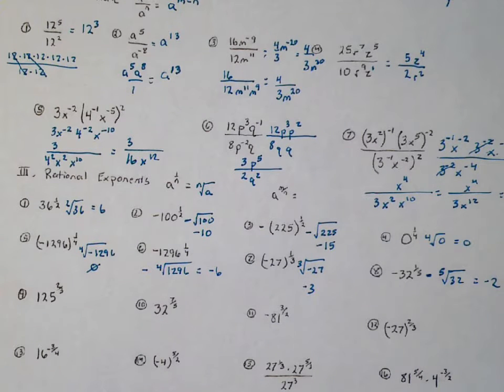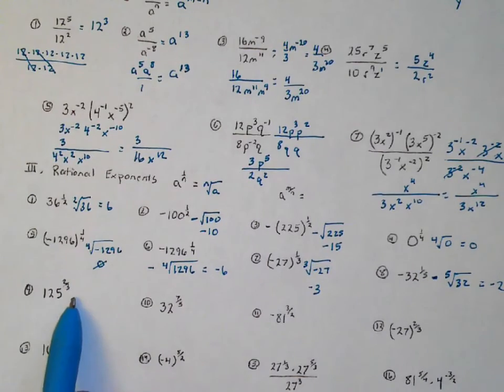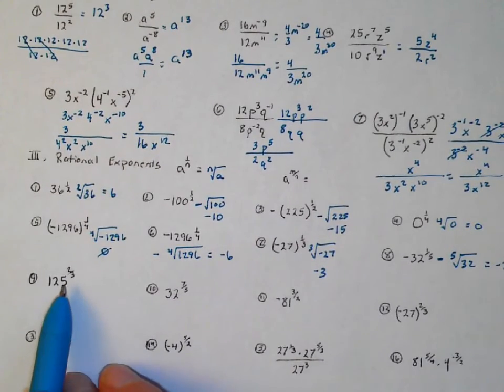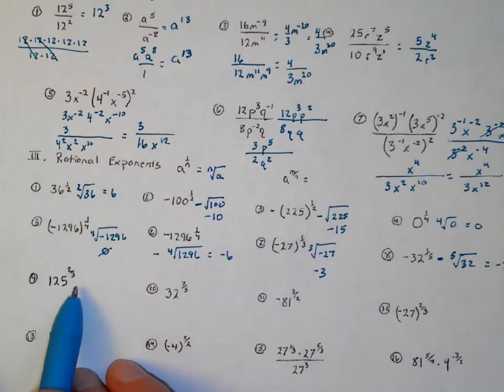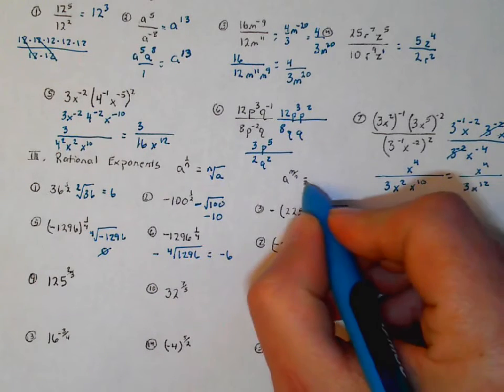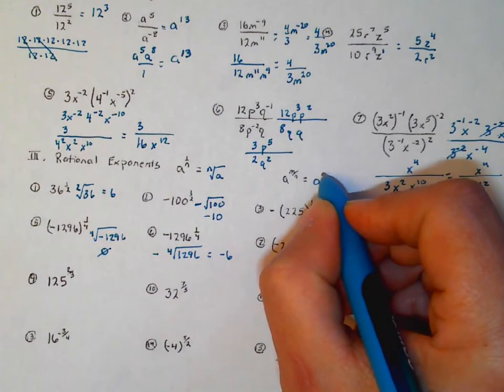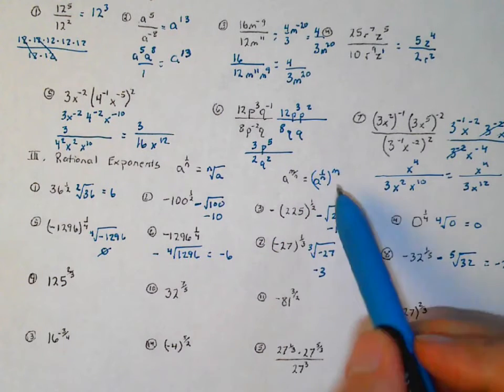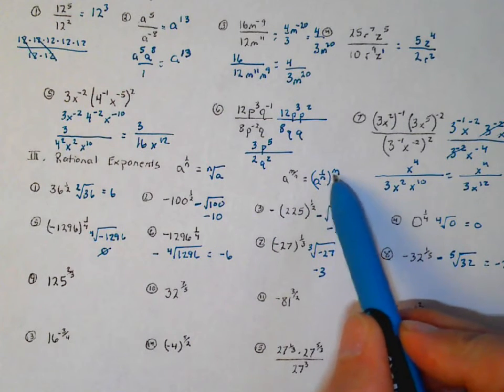Okay. Now we also want to look at this scenario here where it's not just a 1/4 or 1/3 or 1/5. This is 2/3, etc. So another way to think about this is a to the 1 over n, raised to the m power. Because remember, if you raise an exponent to an exponent, you have to multiply.